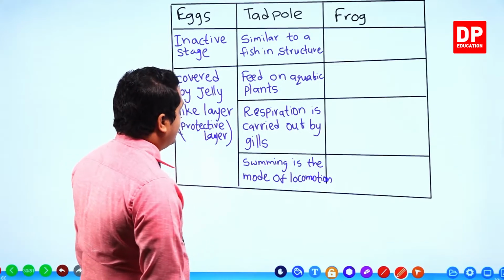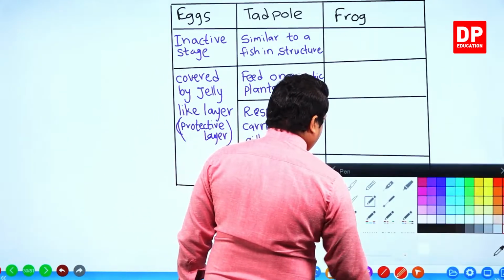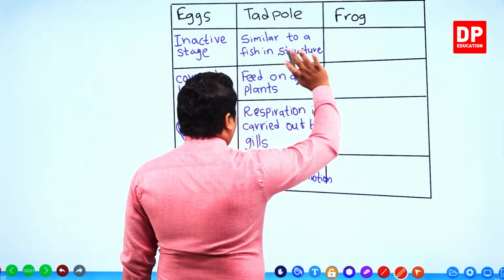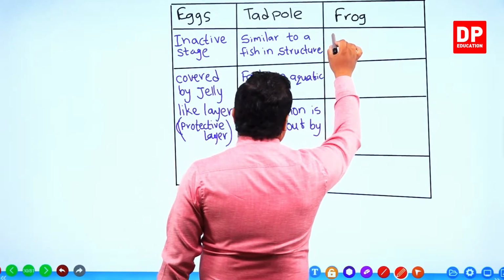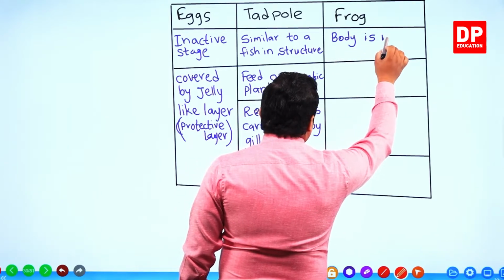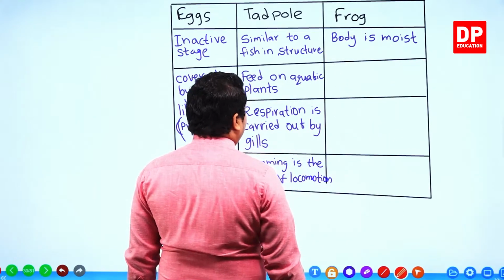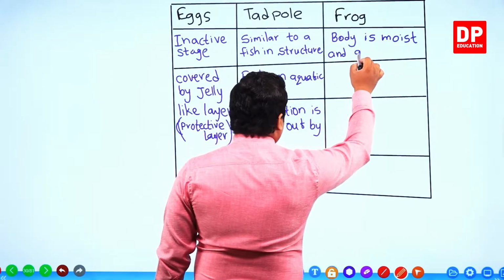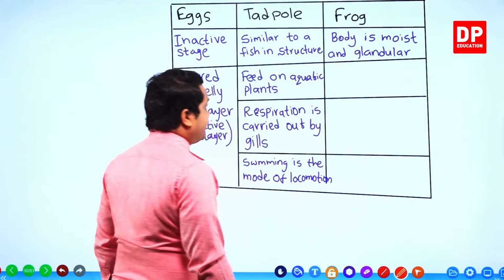If you take the frog, it is not like a fish in structure, right? Body is moist and glandular.